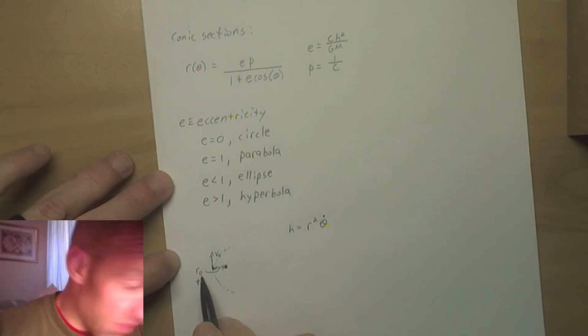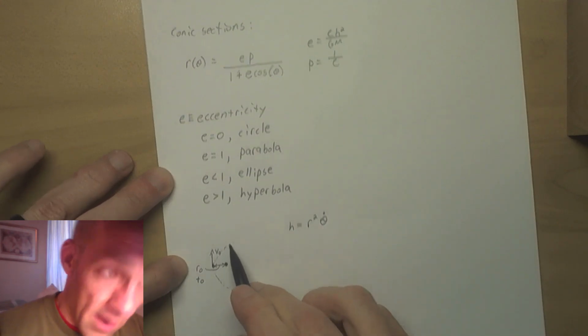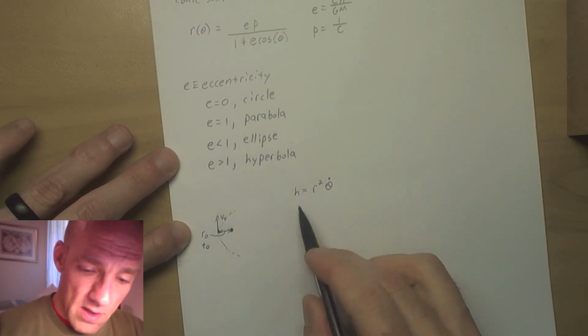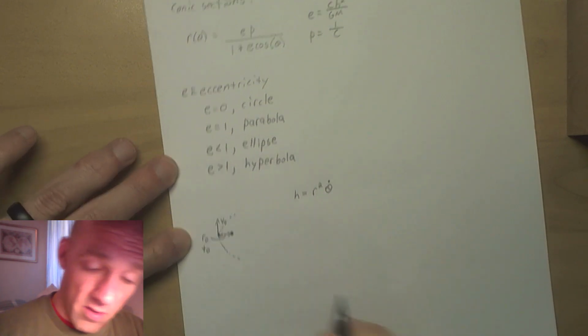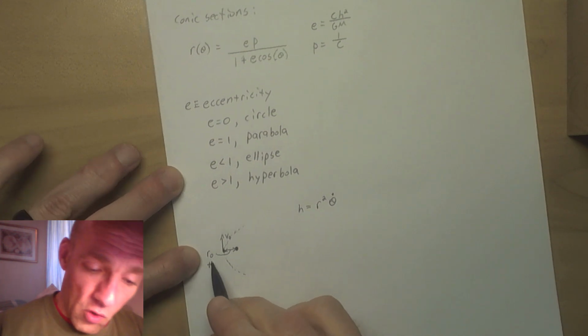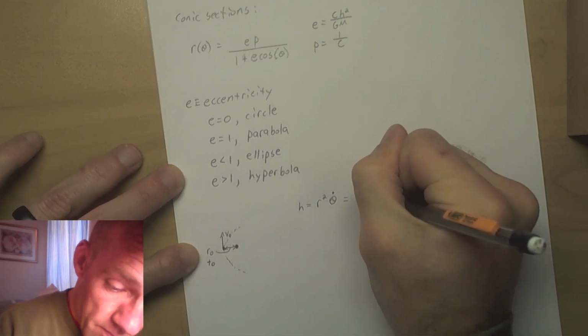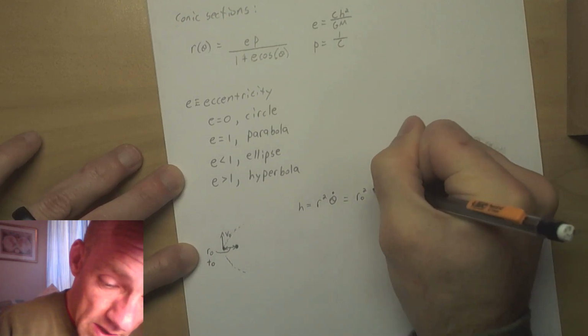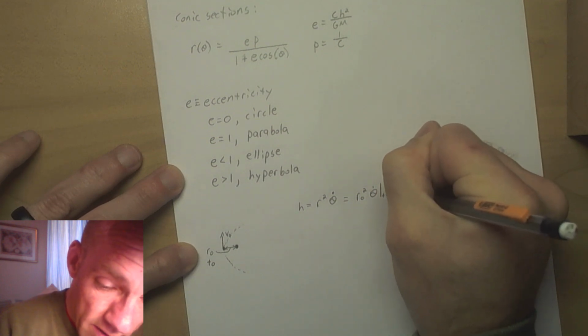At every point along the orbit, this is always true. This product is always constant. So we can just choose this value here: r naught squared times theta dot evaluated at time t naught.